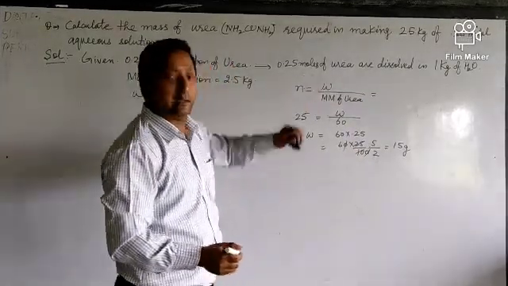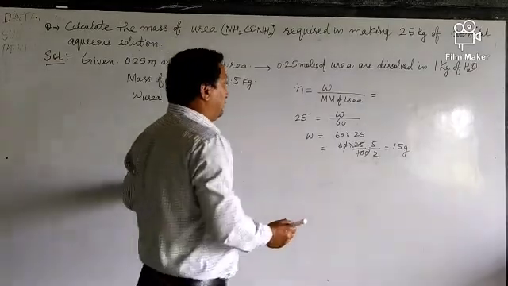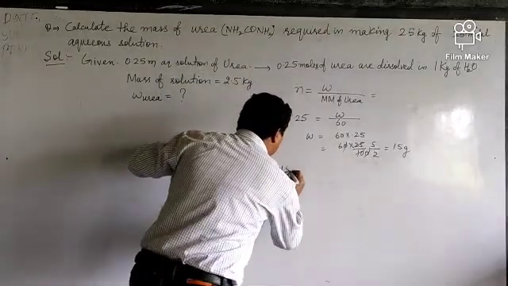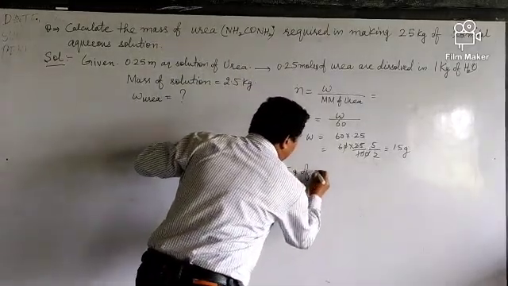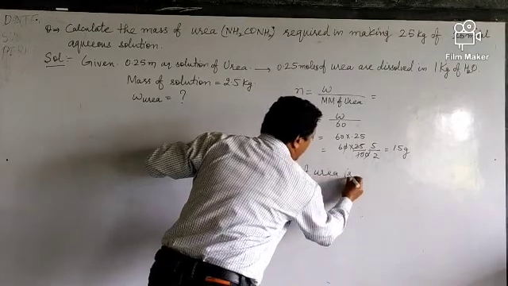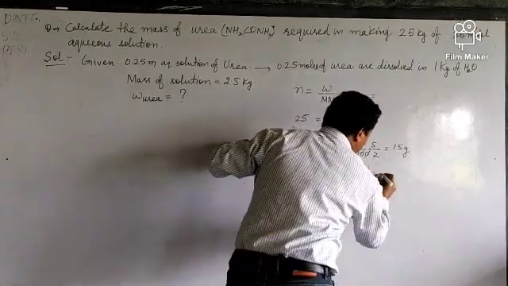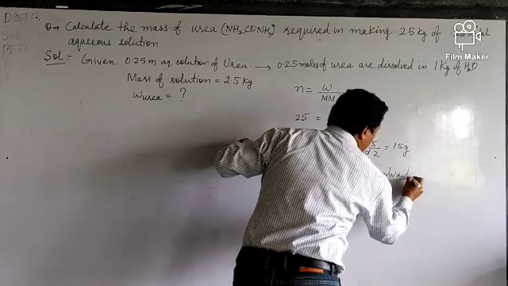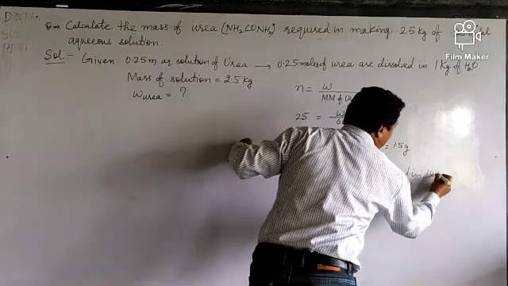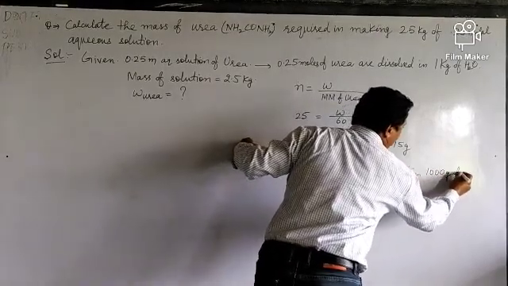urea in water. Okay. Now 15 gram of urea is dissolved in 1 kilogram of water.